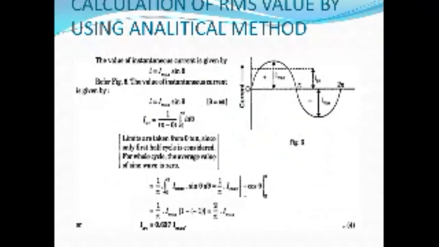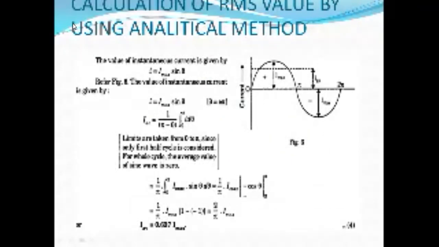Consider the sinusoidal varying signal i = Im sin theta. This is the corresponding waveform. Now this figure shows different instantaneous currents at particular instants of time, i = i1, i2, i3, like this.